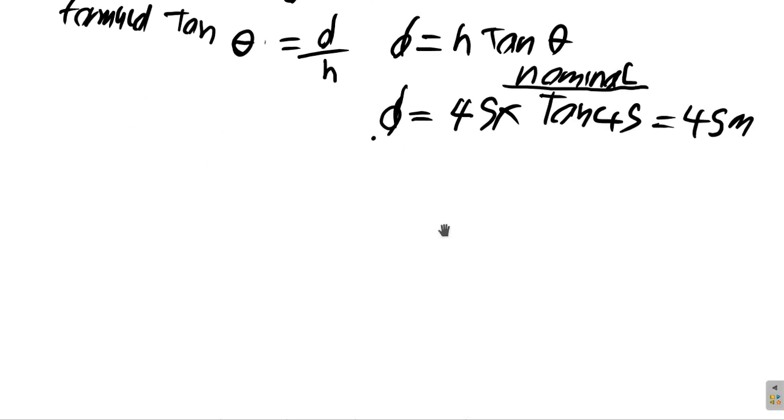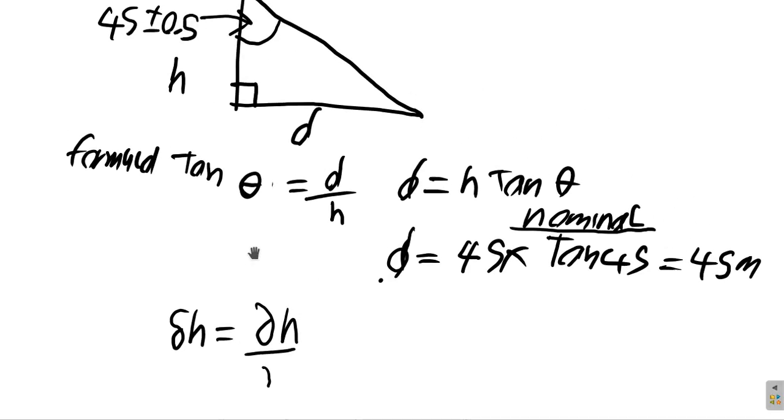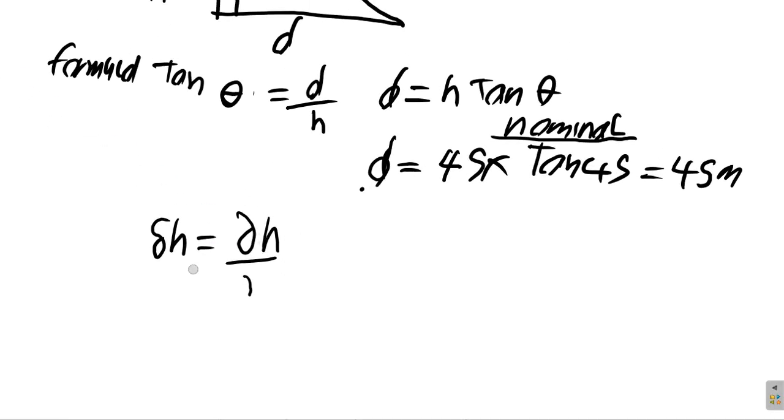Now, we want to write down the formula relating the partial derivatives and the differential. Now, the differential in h, that change in h is equal to the partial derivative of h with respect. Oh, it's d, not h, right? It's d.